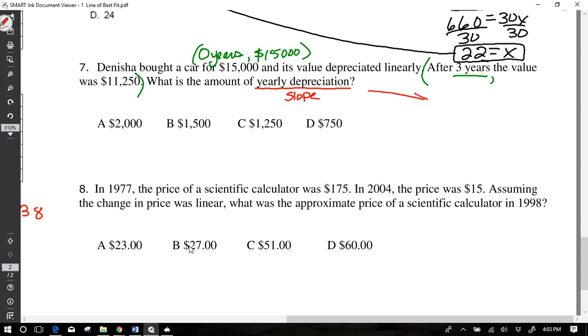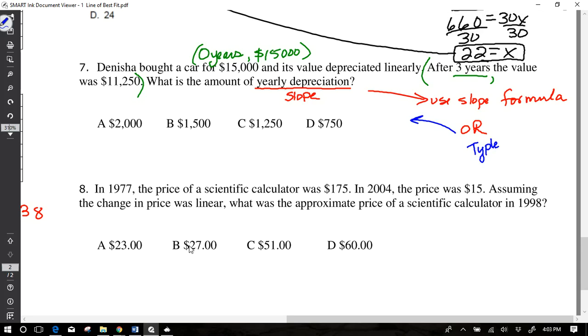You could use the slope formula if you wanted to, or you can use what I'm teaching you right now about how to use your calculator. In your calculator, you could create a value, right?